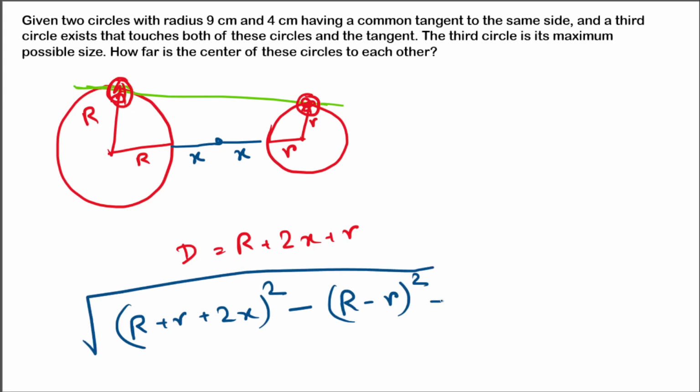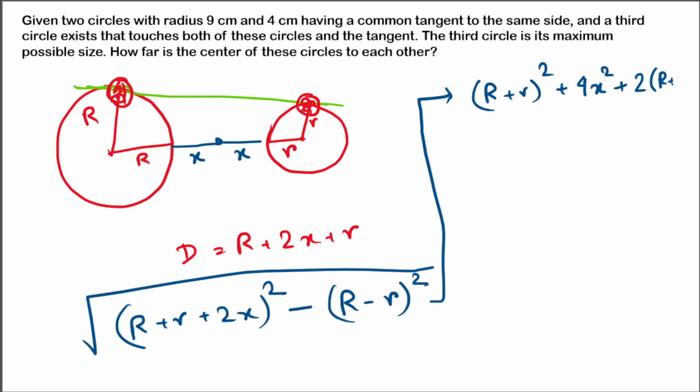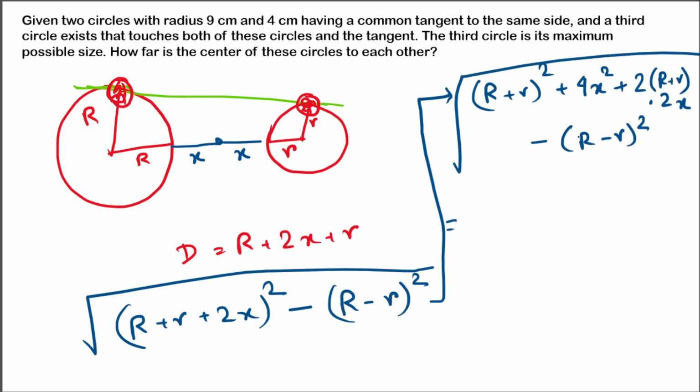So now let us calculate this. If we calculate this, it will be, first of all, R plus R whole square plus 4x square plus 2 into R plus R into 2x, minus R whole square, under root of this whole thing, and you calculate this.